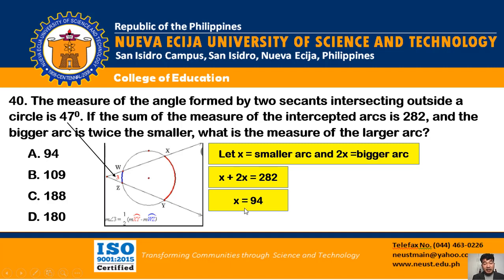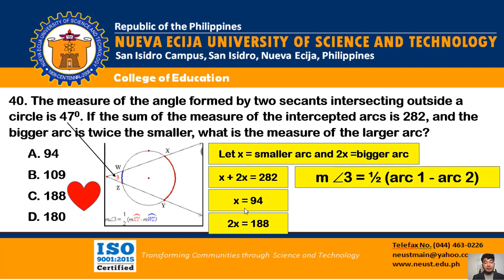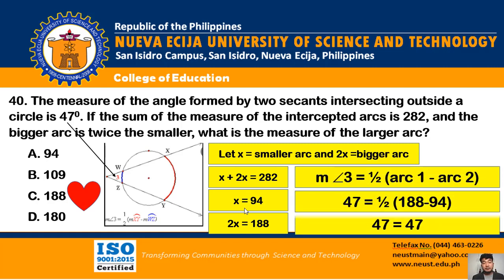To get the measurement of the bigger arc, you simply multiply that by 2, and that is equal to 188, or letter C. If you want to check if your answer is right or wrong, you apply this given into the condition, and you will be arriving at the correct answer.